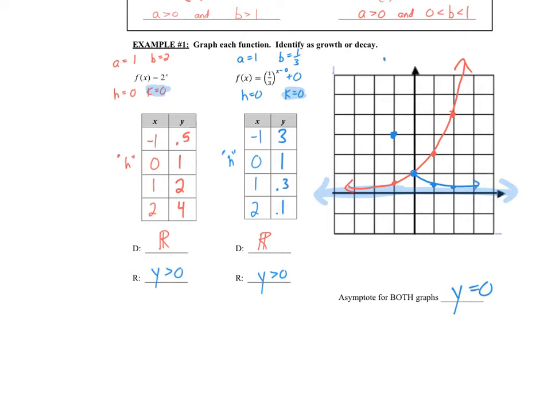So let's see if I can do this. Well, something like that. So clearly the one in the blue is coming down from left to right, and the one in the red is going up from left to right. And that is the difference in exponential growth versus exponential decay. So I'll put this is growth, and this one over here is decay. Red is growth, blue is decay.